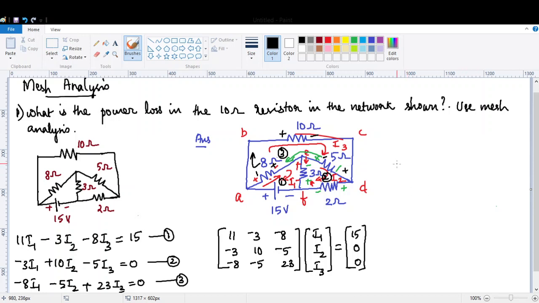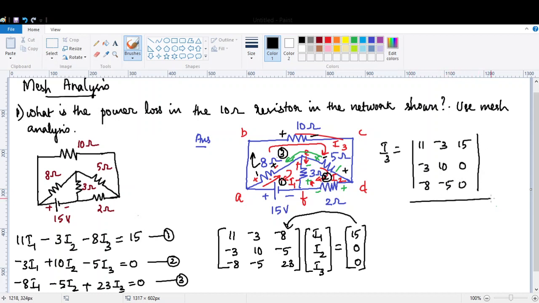I3 is equal to the numerator matrix over the A matrix. I replace the third column of this matrix with the constants, so that is how the numerator determinant is found: 11, minus 3, 15, minus 3, 10, 0, and minus 8, minus 5, 0.